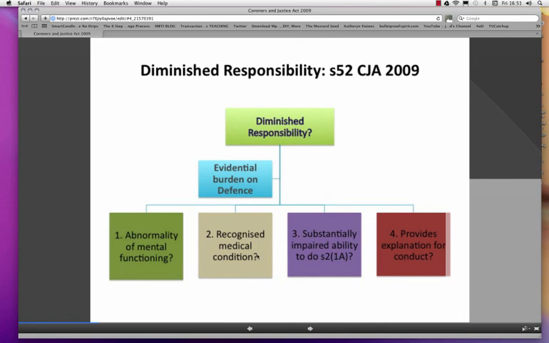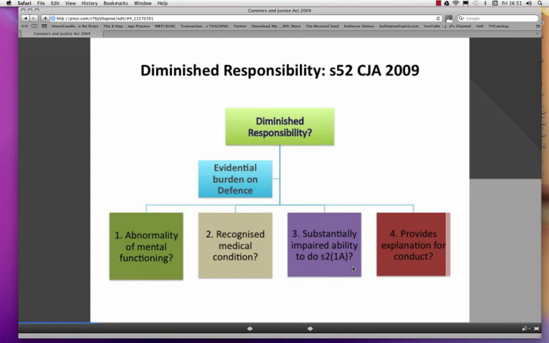That the abnormality of mental functioning is caused by a recognised medical condition. Okay, and that this substantially impaired their ability to do one of three things. Let me remind you what those three things are again.